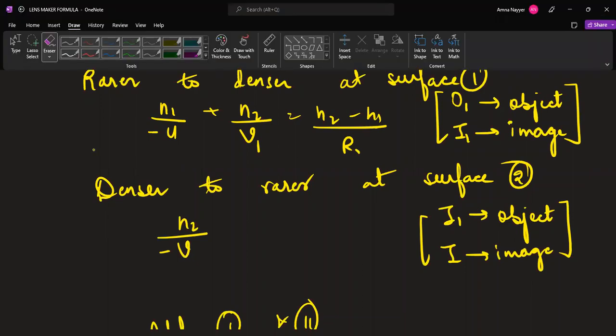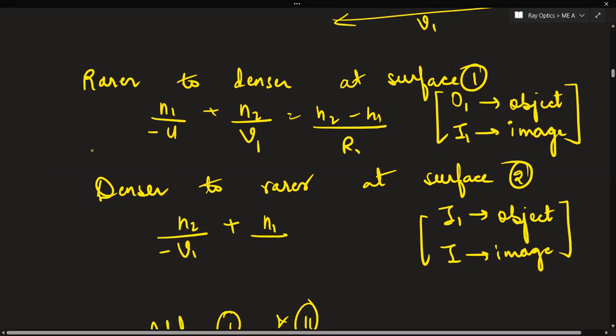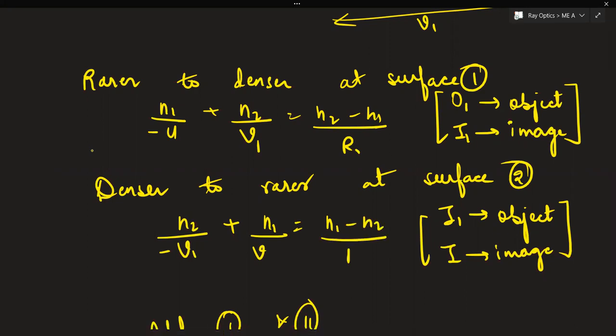So this becomes N2 by minus V1, plus N1 by the final image distance V, is equal to N1 minus N2 by the second radius of curvature R2. This is R1 over here, and this is R2 over here.